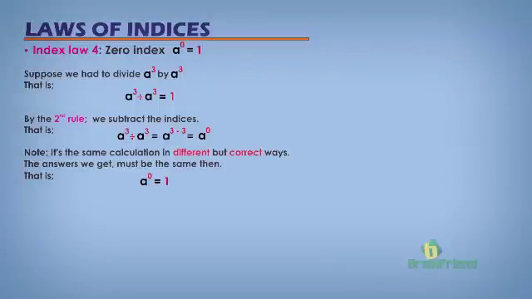The first law we'll be looking at today, which of course is the fourth law of indices, is our zero index law. It's a very interesting one. It basically states that for any quantity A raised to the power 0, our answer will always be 1. Let's see if we can prove this to be true.